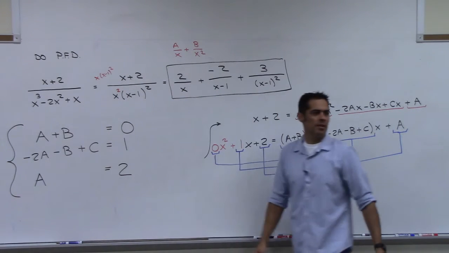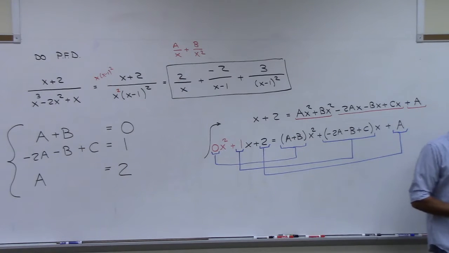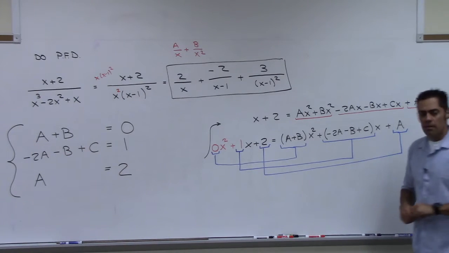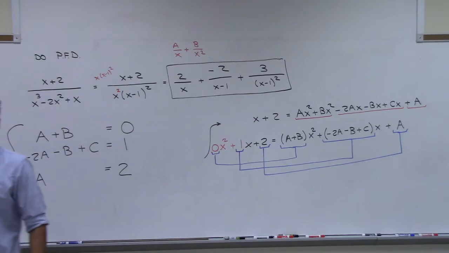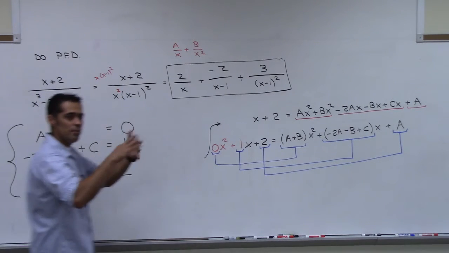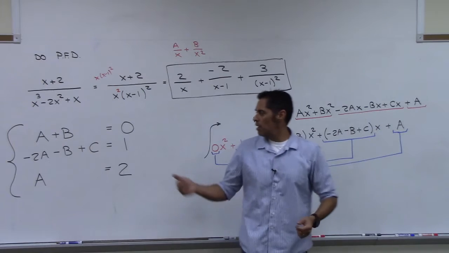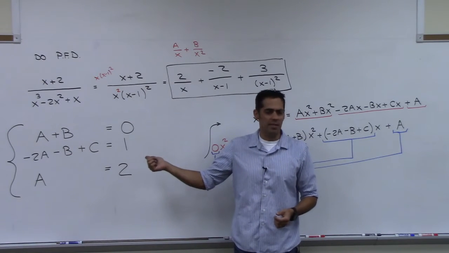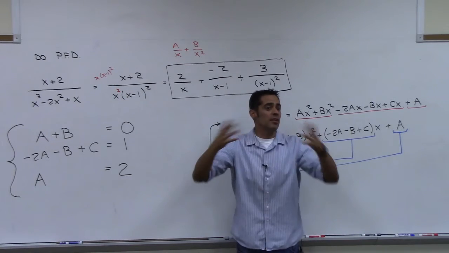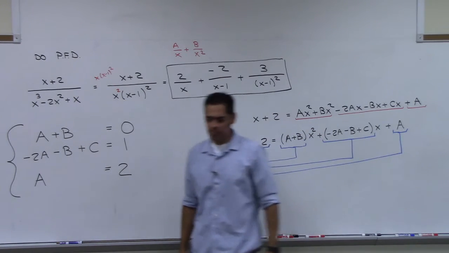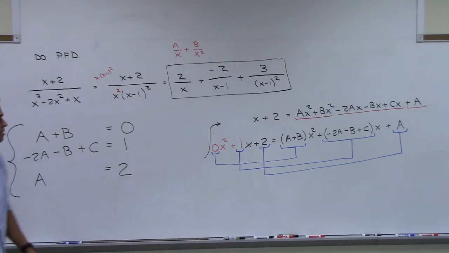You have a system of equations. 3 equations, 3 unknowns. Now you were asking me a second ago, intersection of planes, right? That's exactly what a system of 3 equations and 3 unknowns is. It's 3 planes where they intersect. Now we have to solve this.